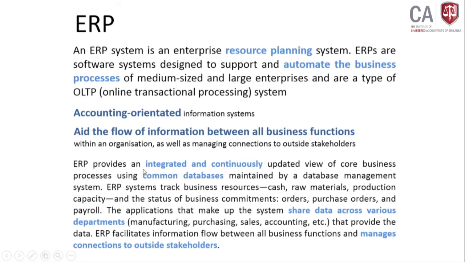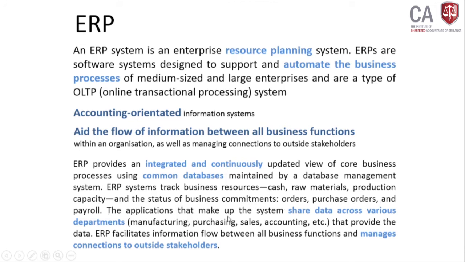ERP provides an integrated and continuously updated view of core business processes using a common database. That has a common database, a central database, maintained by a database management system. An ERP system tracks business resources: cash, raw materials, production capacity, and the status of business commitments, orders, purchases, payrolls.